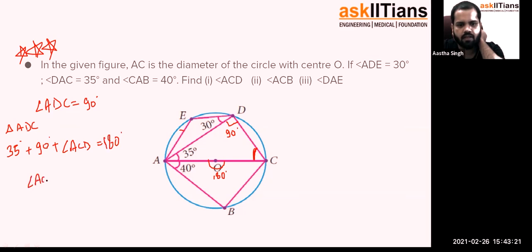So angle ACD is 180 minus 90, 90 minus 35. How much? Sorry, 55. The answer will be 55 degrees, angle ACD. Right, guys?